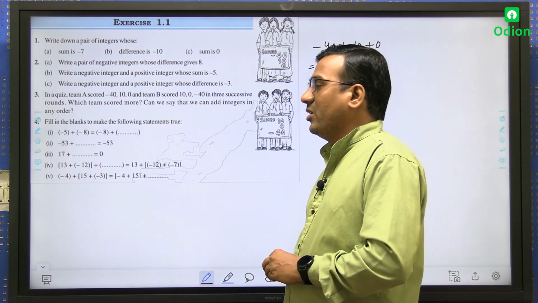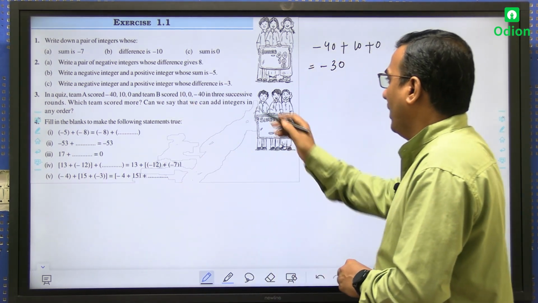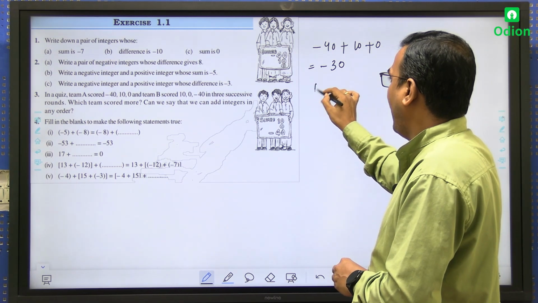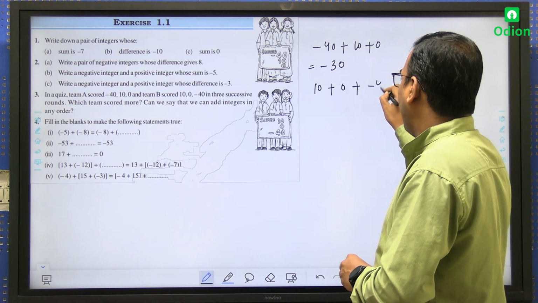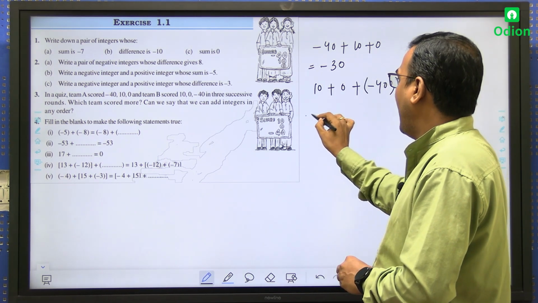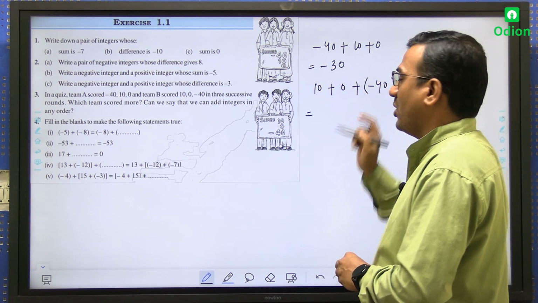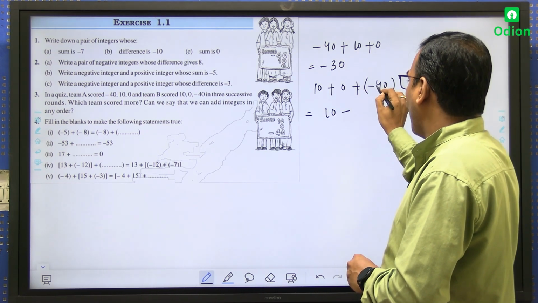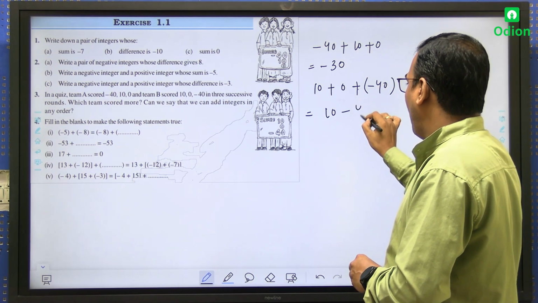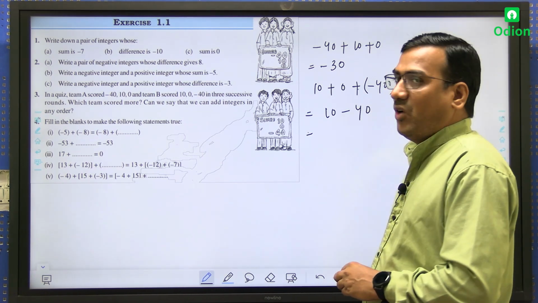Then go for the scoreboard of team B. The numbers are 10 plus 0 plus minus 40. The answer is 10 plus 0, 10, plus minus 40. Then what rule do you have to follow?